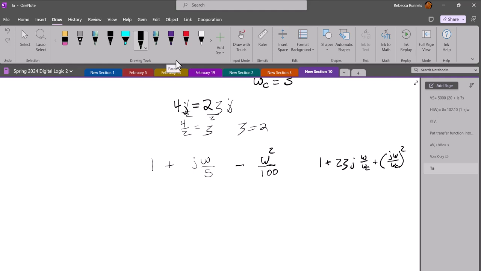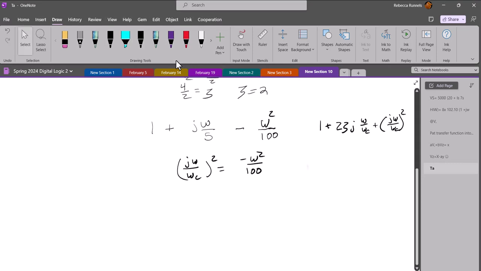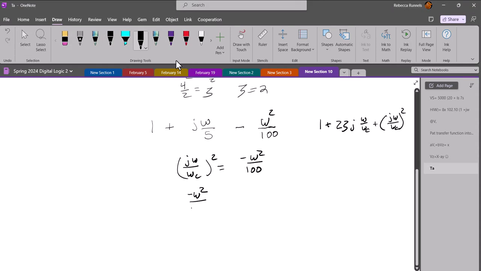So I know that j omega over omega c squared has to equal minus omega squared over 100. So now if I square both sides over here, I get minus omega squared over omega c squared equals minus omega squared over 100, and I get that omega c equals 10.